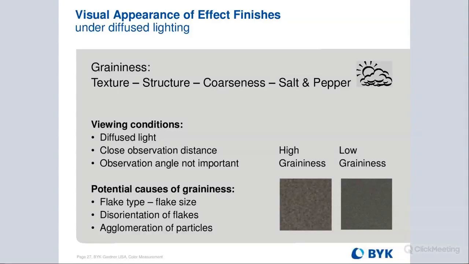But the observation angle isn't important because, again, this is diffuse illumination, so there is no angle associated with that. And this can also give you an idea of the type of flake or the flake size. And if you have disorientation of the flakes, which I'll talk about in a little bit, this will also give you an idea if your flakes are being sprayed too wet or too dry. It's going to give you a different graininess number.